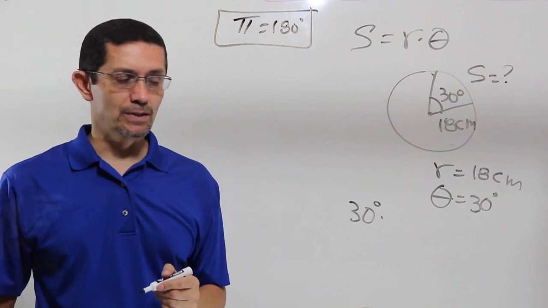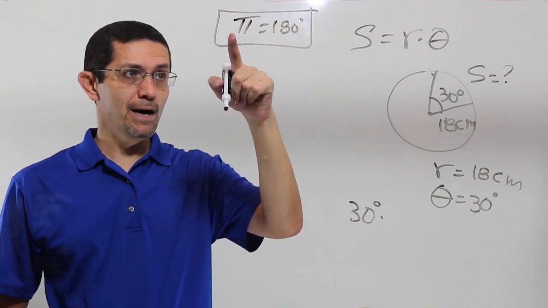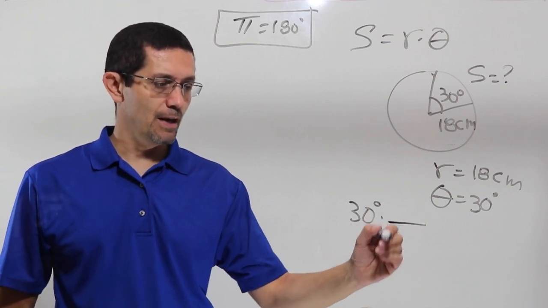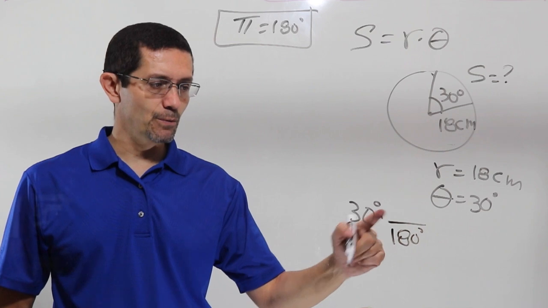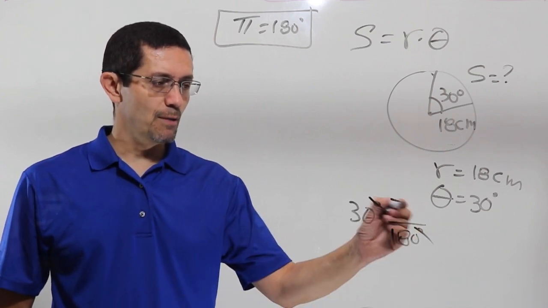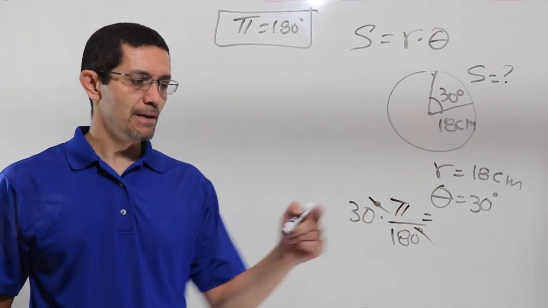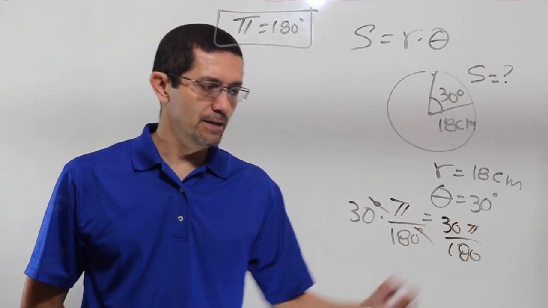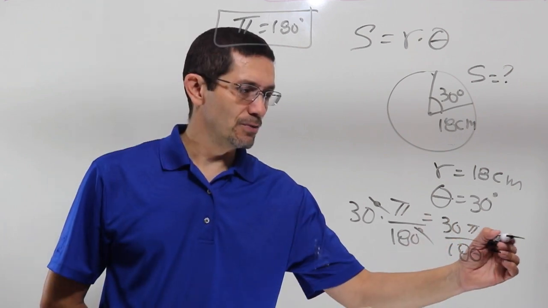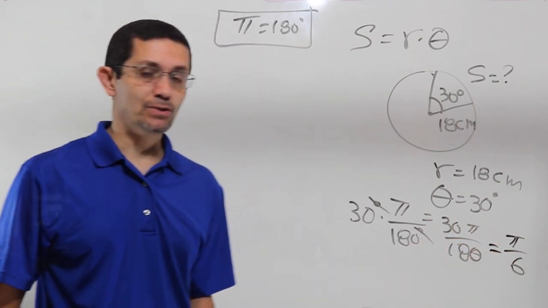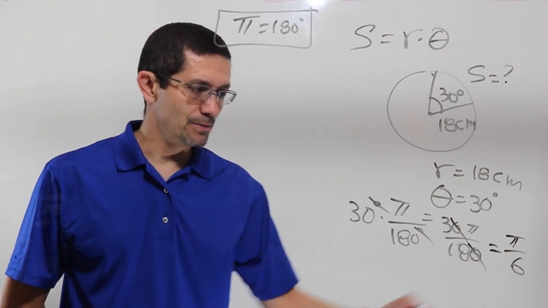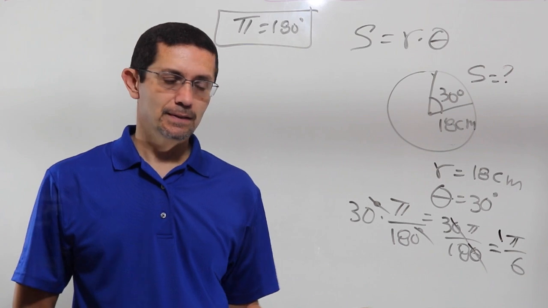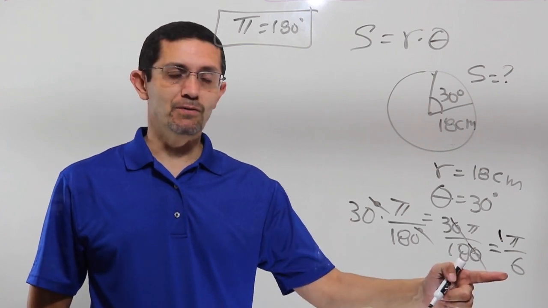Because I want pi, and I have degrees right now, it's a fraction, and I put 180 degrees on the bottom because I want to cancel degrees with degrees, and then I put pi on the top. 30 times pi divided by 180, we reduce, so this is the same as pi over 6. I cancel the 0, divided by 3 is 1, divided by 3 is 6. So 30 degrees is the same as pi over 6.